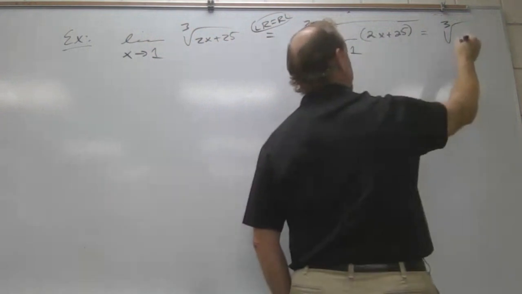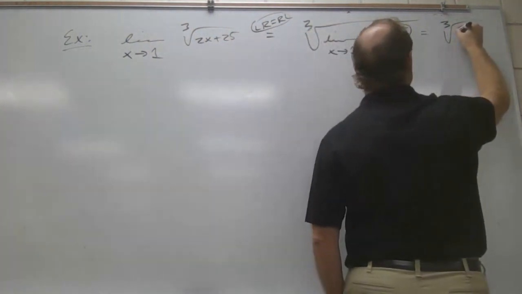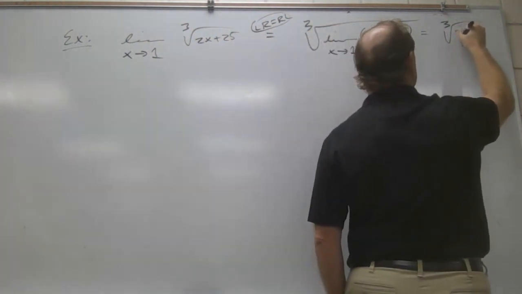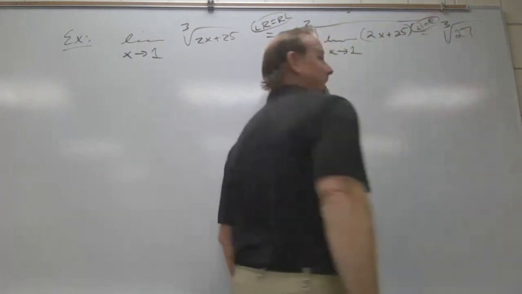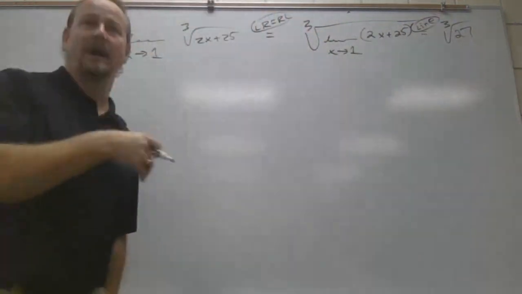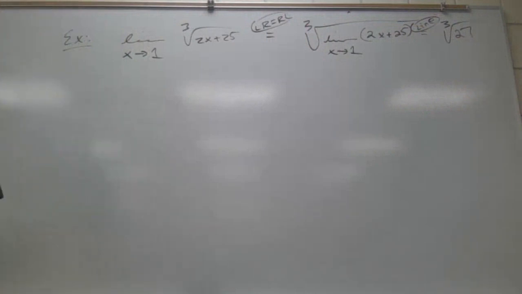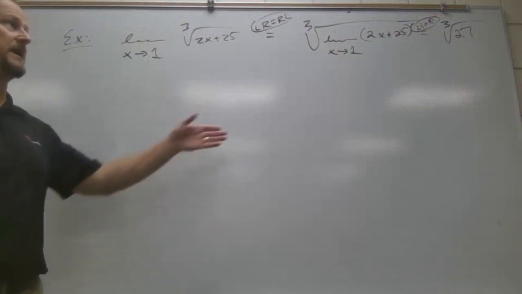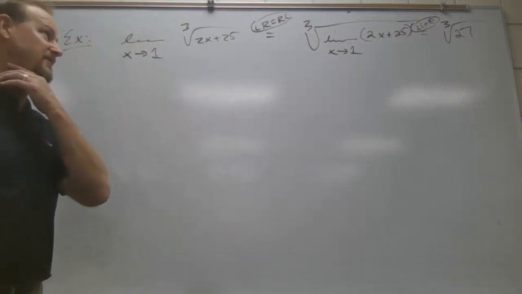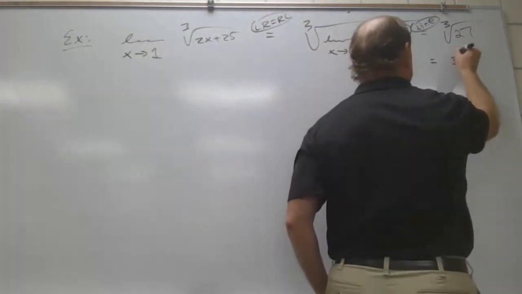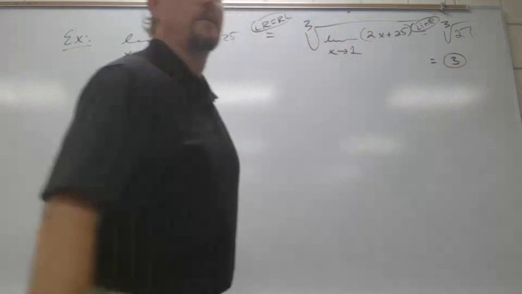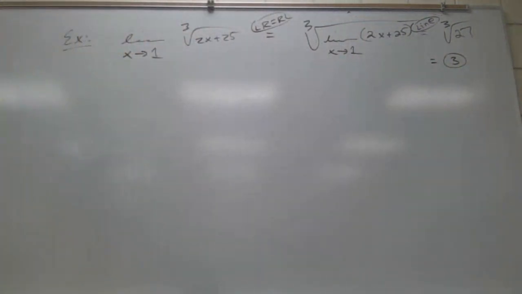Cubed root of what? 27. Because it's a line, so we can just write "line theorem," or otherwise you could step that out: the limit of the sum is the sum of the limits, the limit of the product is the product of the limits, and it'd be 2 times 1 plus 25. Well, what is the cubed root of 27? 3, right? 3 cubed is 27.